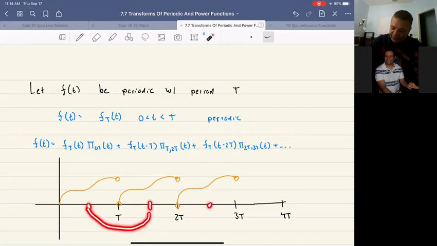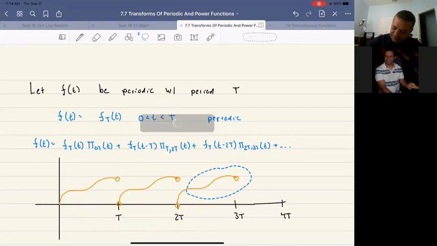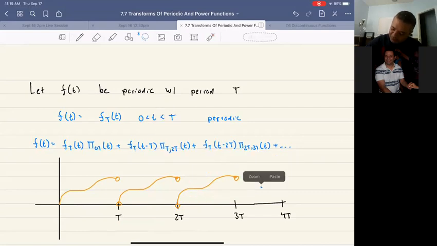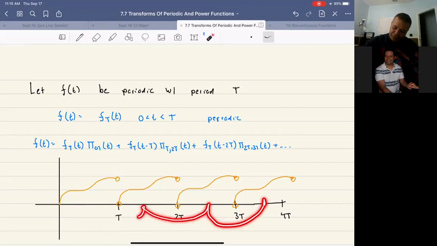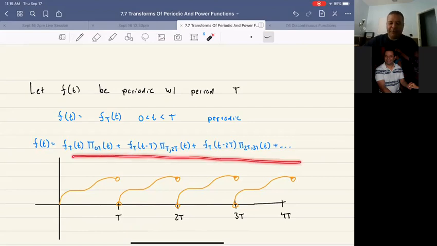Here, it'll subtract off 2T, so it'll bring me back here. I can do this again. If I'm here, I'm going to subtract off 3T, and that brings me back to here. So that's where this notation is coming from.